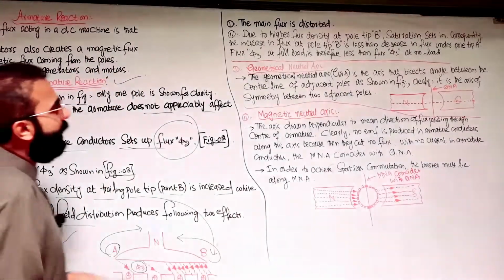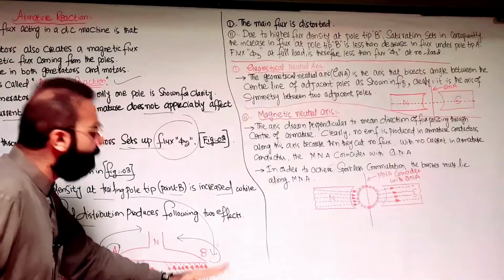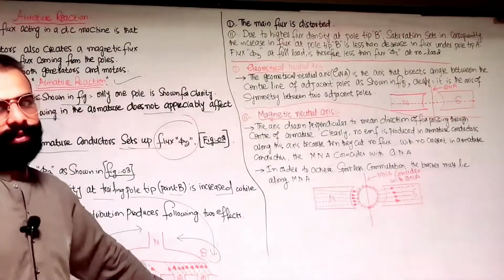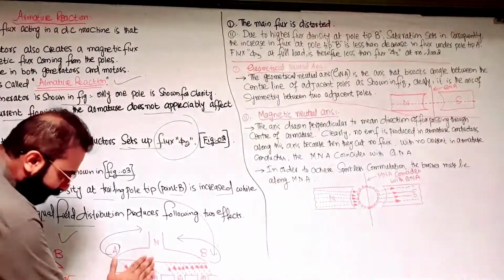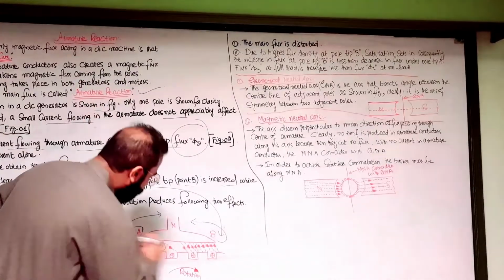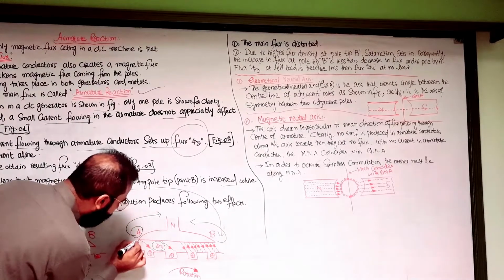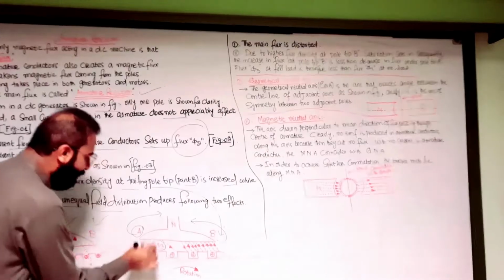The second point is that due to the higher flux density at the north pole tip B, saturation sets in. As you can see, at the trailing pole tip B the flux density is higher, and at the leading pole tip A the flux density is lesser.